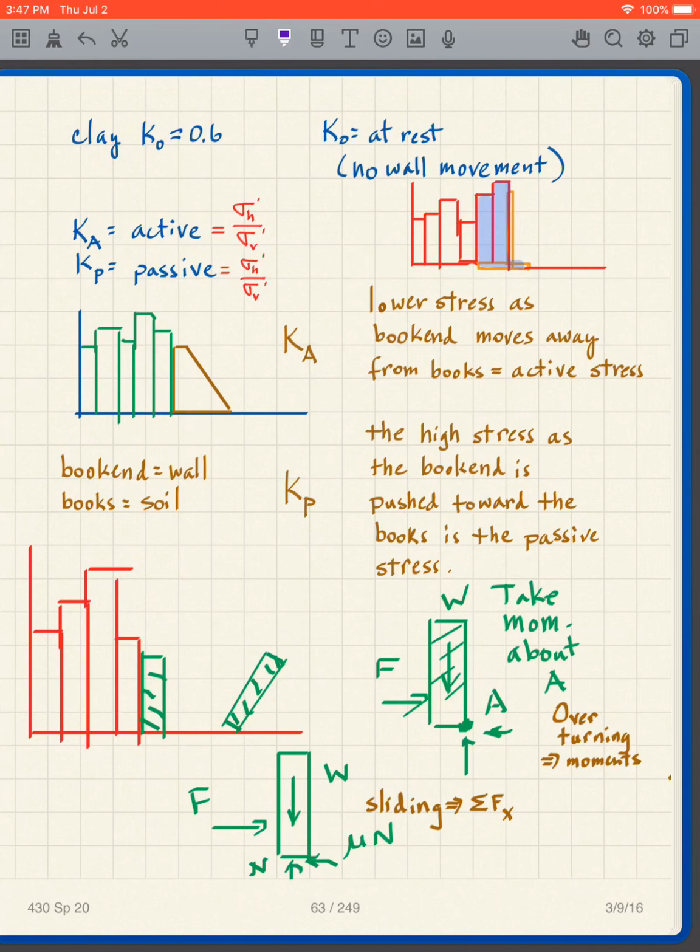All right, I'm going to describe then the active and passive situations, and I like to use bookends as the model because you've all moved into a place and put books up and put in a bookend. So the analogy here is that the books we're holding up are like our soil, and the bookend is like a retaining wall that we're going to build or have.